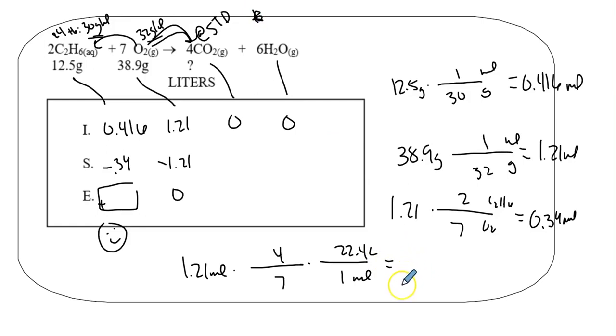Okay, and away we go. 1.21 times 4 divided by 7 times 22.4 equals 14.5 liters. Less than 1 mole, by the way. 1 mole is 22.4 liters. We have less than 1 mole. And let's move along.